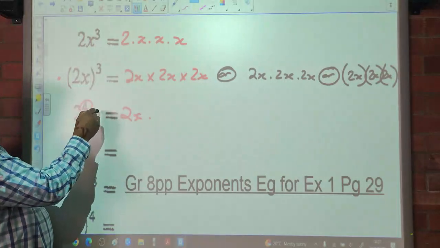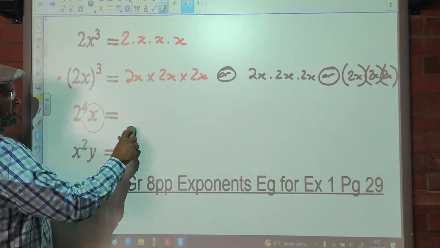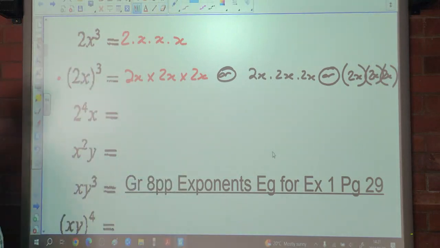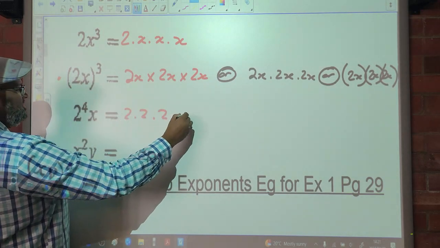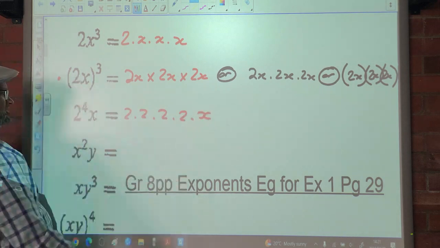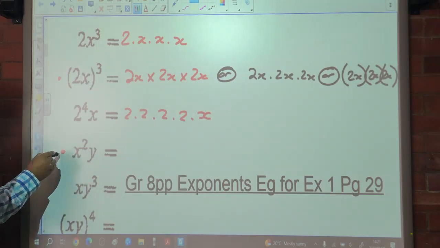Is the 4 on the x? No, so you can't. That's not right. Anybody else? 2 times 2 times 2 times 2 times x. Here we go. You understand, Michael? Right, so you can do the next one fast.